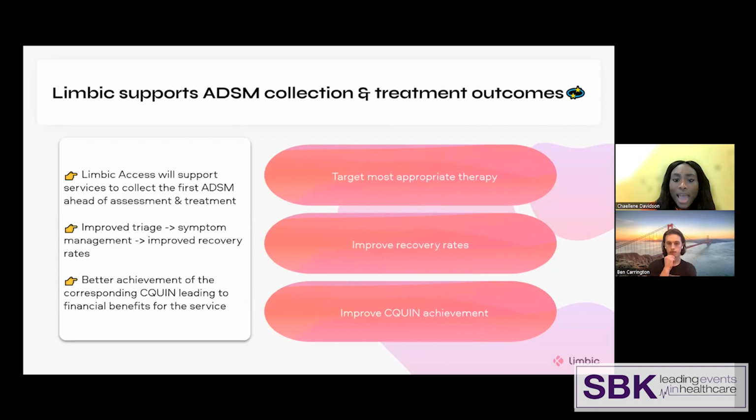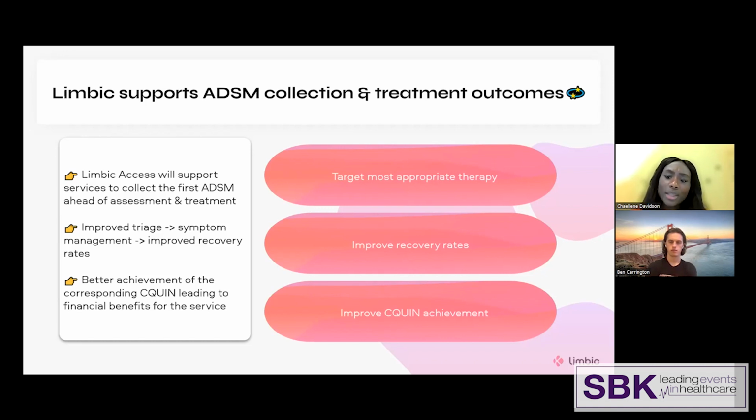So Limbic Access, in terms of this being a new feature, will be able to support services now to get even better information to help them target those presenting problems. For clinicians, they'll receive scores on more detailed measures, and they'll be able to have more information to guide decision-making about the most appropriate treatment pathway. So also thinking about the impact on the clinical workforce, I know that's something that comes up quite a lot.